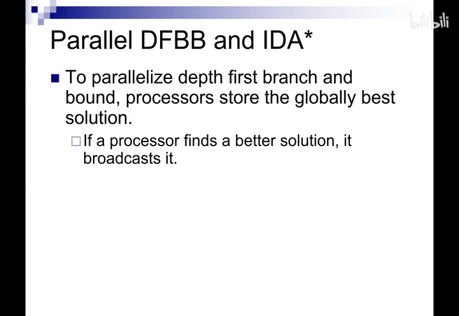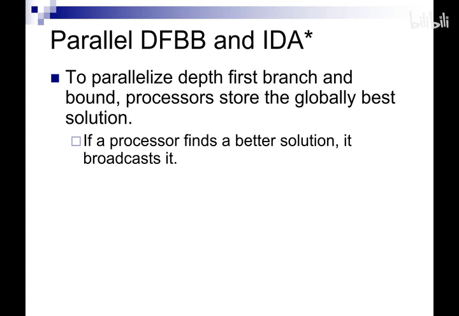Next, we can talk about parallelizing a depth first branch and bound, or the iterative deepening method. For branch and bound, you need to have bounds on the values of different nodes.